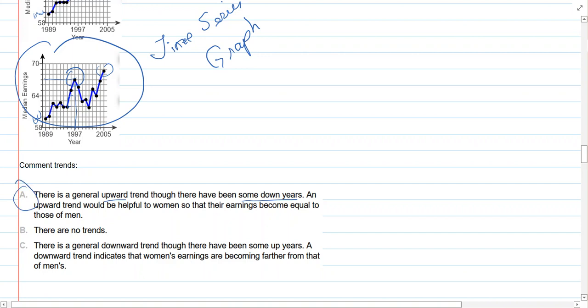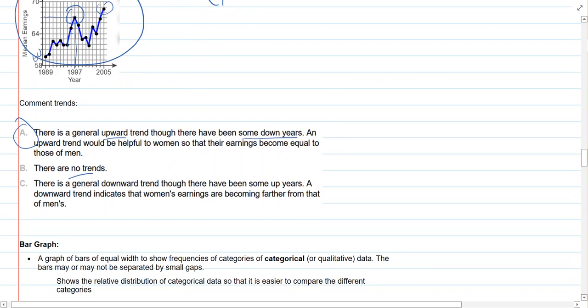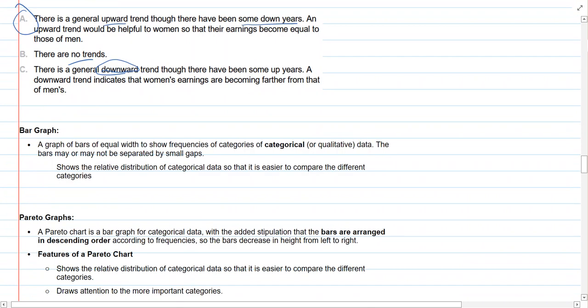And that is the correct answer. This one says no trends, but that's false because it has some very definite peaks. And the third one says there is a general downward. Well, no, there is no downward. There's intermittent setbacks, but no downward.